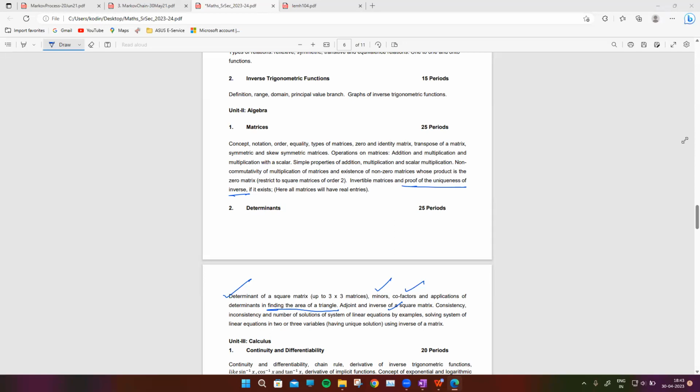Now this becomes a very important chapter because there are 2 portions where we can get a question of 4, 5 or 6 marks. One portion is properties of determinants. We finished it in the last class. Please do ask your doubts. I'm very sure that you would not be able to solve all the questions given in the last class. So please ask your doubts if you have any.